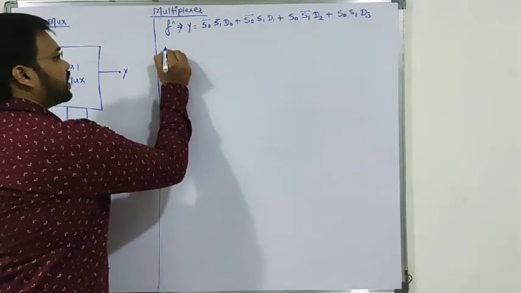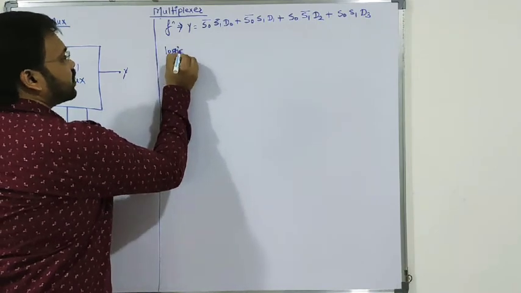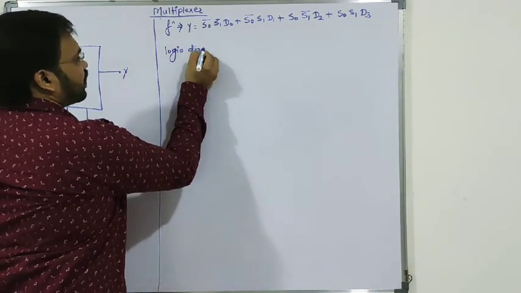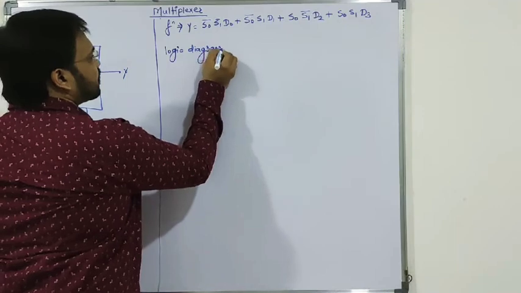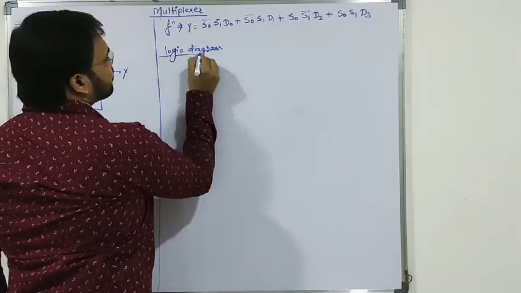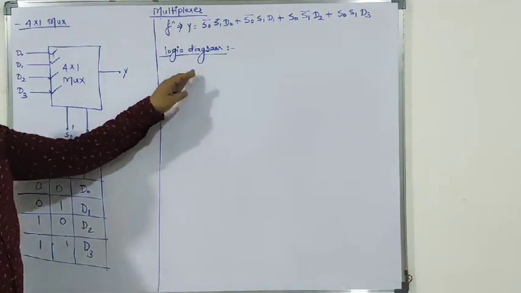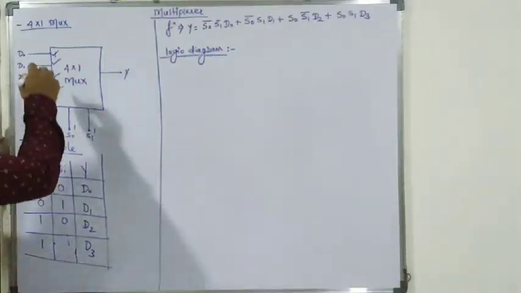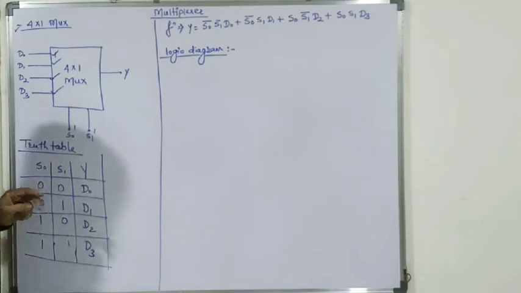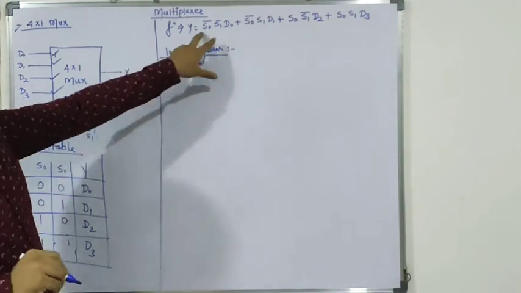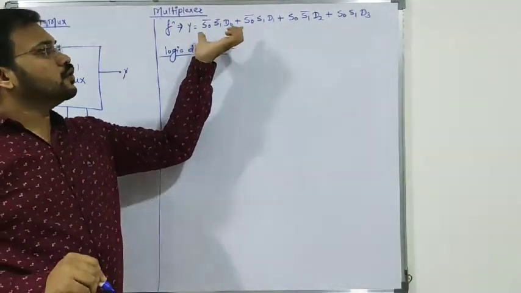Next we'll discuss the logic diagram of the same. Okay, so here the logic diagram for this 4:1 multiplexer is based on the Boolean function, or the output function.